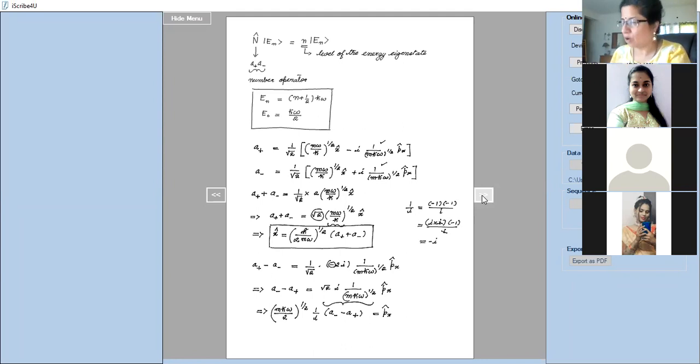Hopefully that was not needed for most of you, but still. So therefore, that's why I was saying I need not have bothered with that minus sign. px is going to be nothing but minus i (mħω/2)^(1/2) (a minus minus a plus). You can again take this minus sign in, and what will we get?